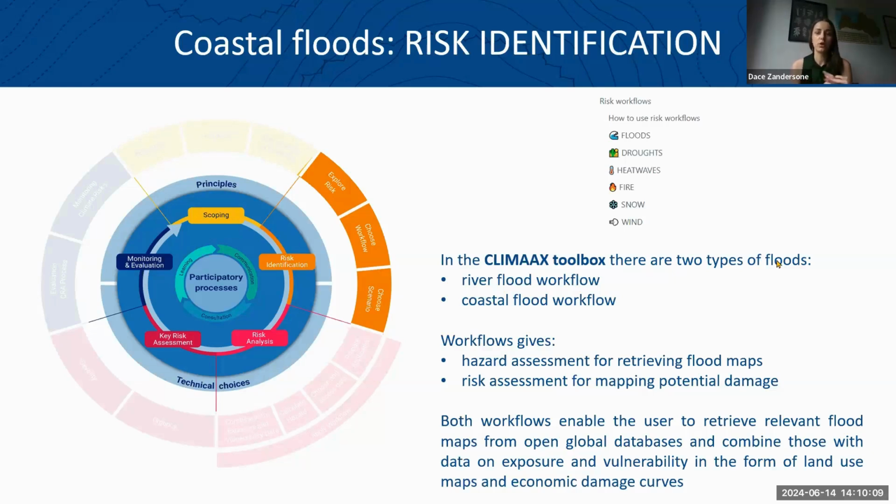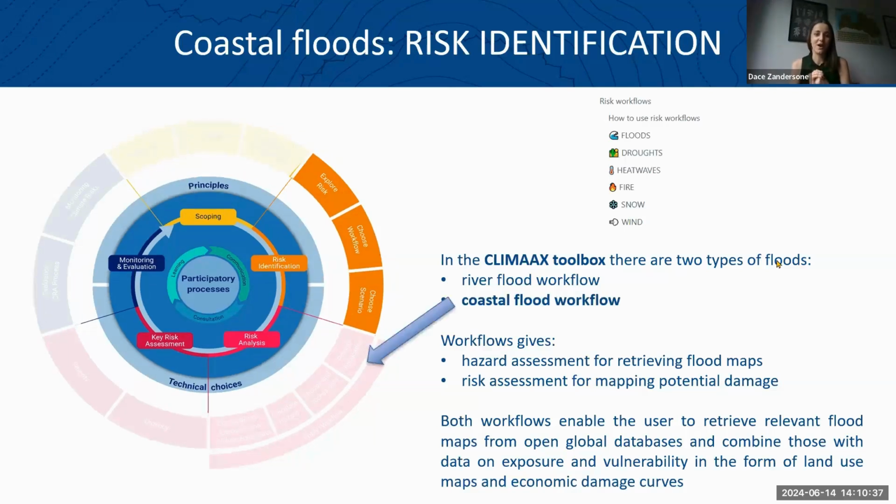In the floods workflow, there are two different workflows: one for river floods and another for coastal floods. Into these two workflows are two different scripts. The first script gives us the results of the hazard assessment, retrieving flood maps. After running this code, we can run another code, which gives us the risk assessment for mapping potential damage.